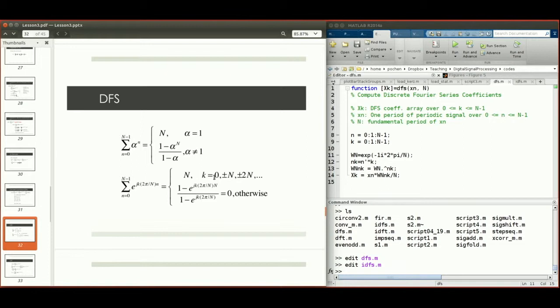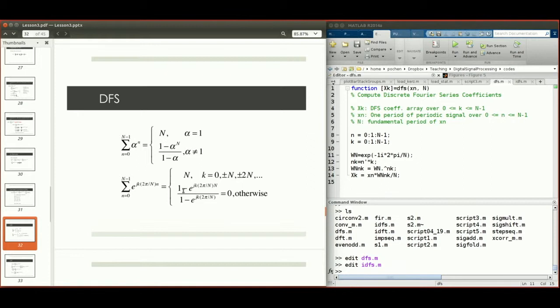And when k is not equal to these values, then e to the jk 2 pi divided by big N is not equal to 1. In that case, you have to use this equation: 1 subtract alpha to the big Nth power, divided by 1 subtract alpha. Alpha to the big Nth power, big N cancels out, gives e to the jk 2 pi, and you know that k is an integer, so e to the jk 2 pi exactly equals 1.